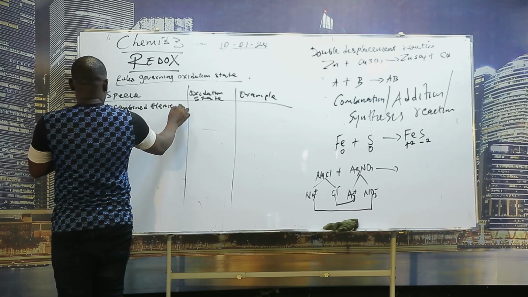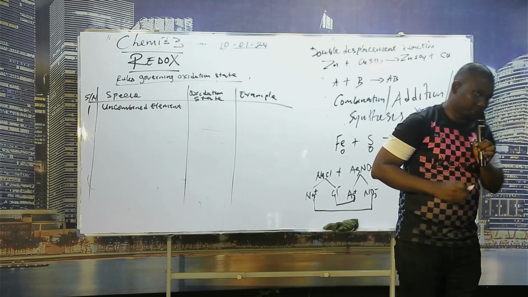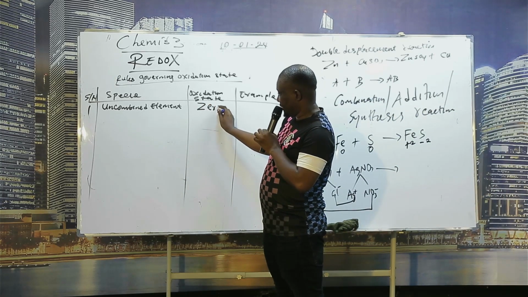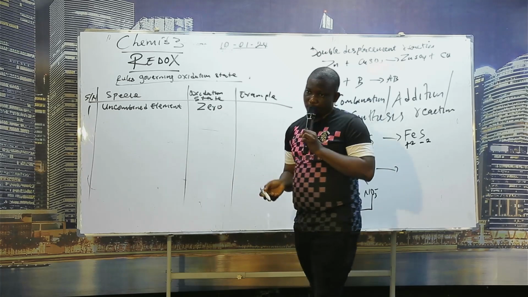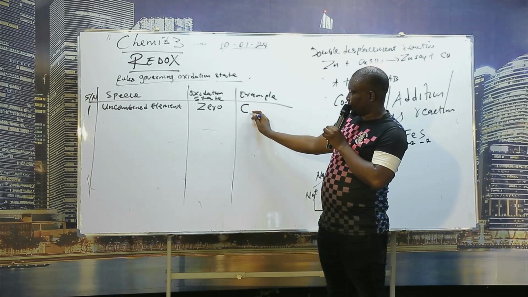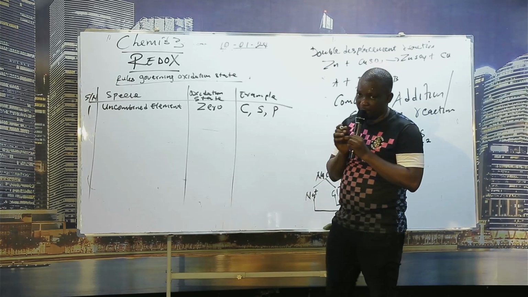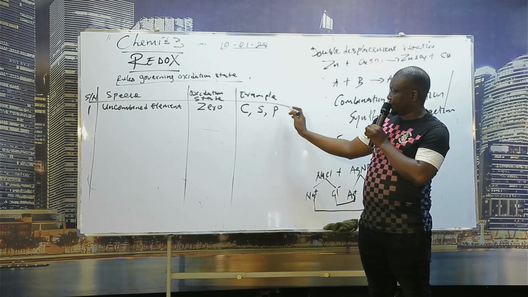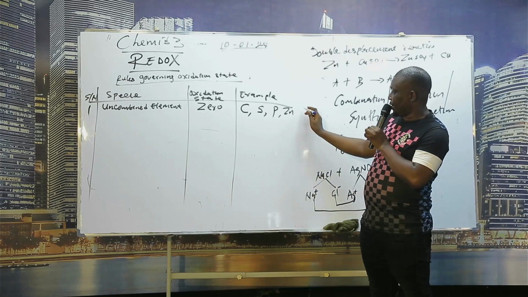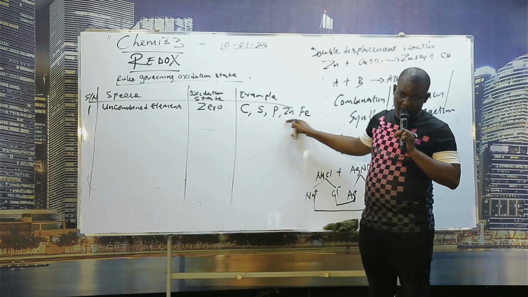Who can tell me the oxidation number of uncombined elements? 0. Example: when you see an element in uncombined state, or you see zinc in uncombined state, or you see iron in uncombined state, what will be their oxidation number in these states? 0.